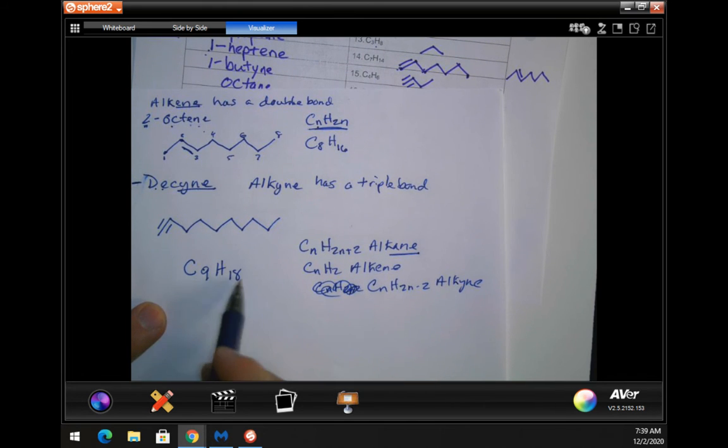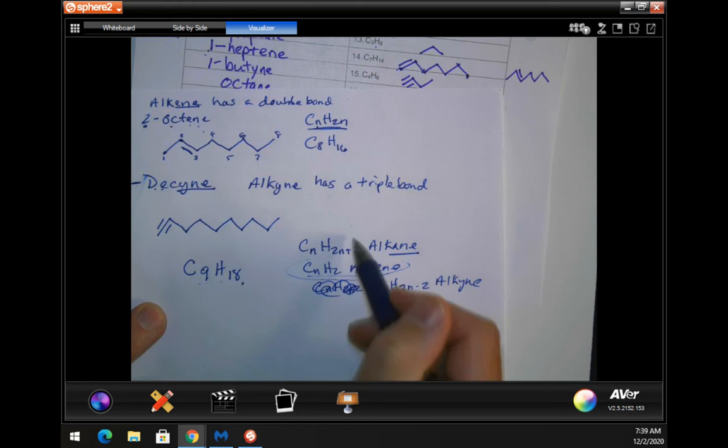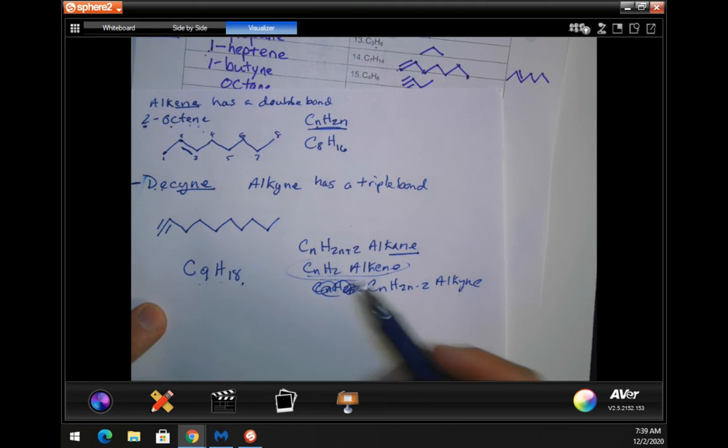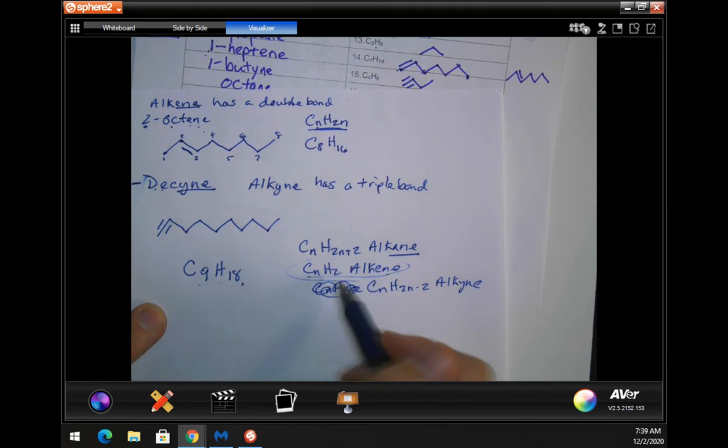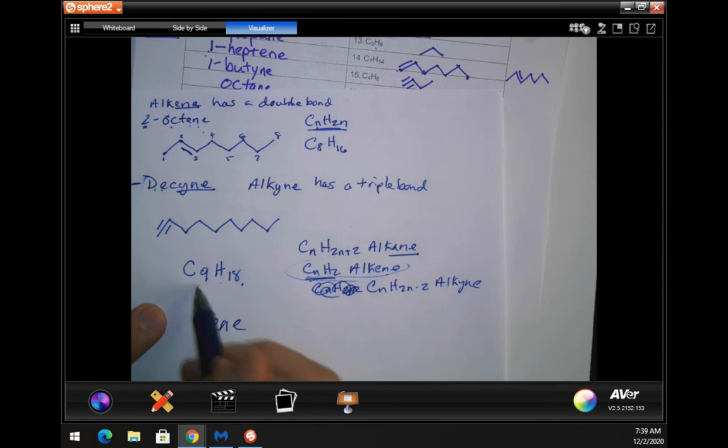So is 18 double of 9? Yeah. So I believe we're going to use that one, because 9 times 2 is 18. You've got three choices, and the one that fits is this one. So it's going to end in E-N-E. What's the prefix for 9?